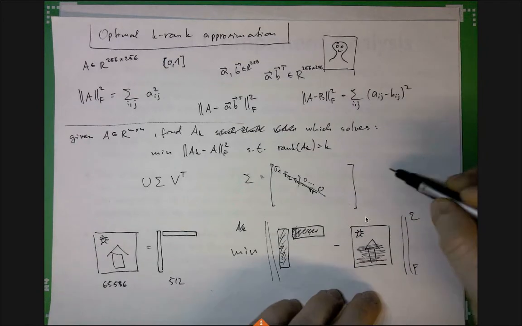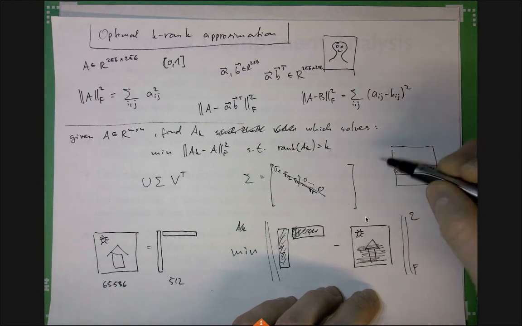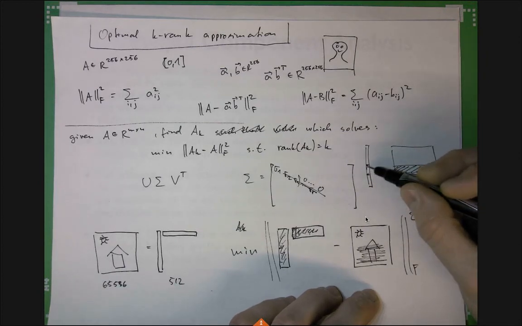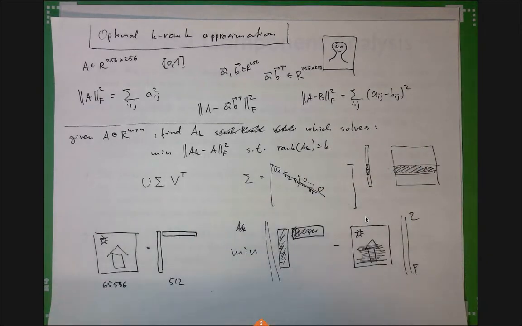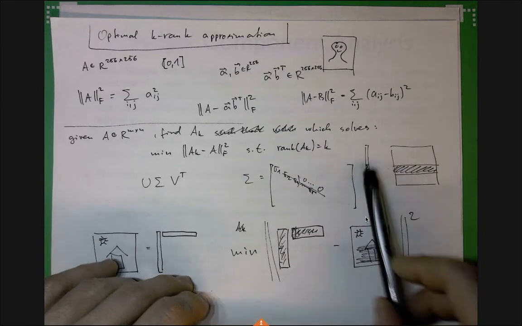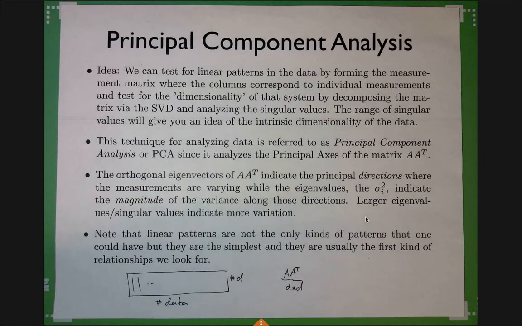Like if my image had a really strong bar here, some strong feature here, then I would probably get some principal component which reflects that thing there, right? That's like a principal direction corresponding to a large singular value, something that intuitively appears a lot in the data. That's the idea. Does that make sense?